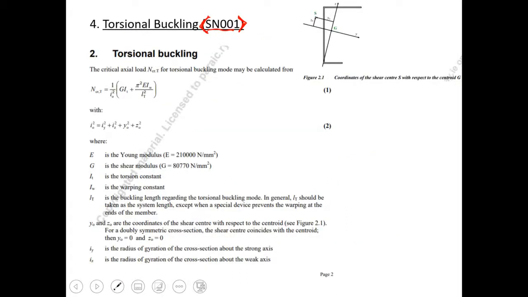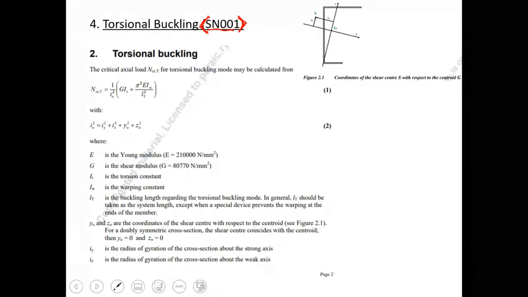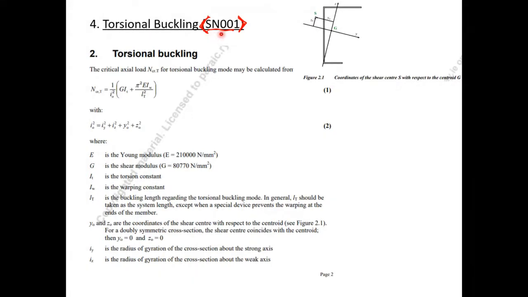Now we're going to look at the torsional buckling resistance. Because Eurocode 3 Part 1 doesn't tell us how to work out the critical axial load for torsional buckling, I'm going to use SN001 for that, where G is the shear modulus, I_T is the torsional constant, I_W is the warping constant, and so on.